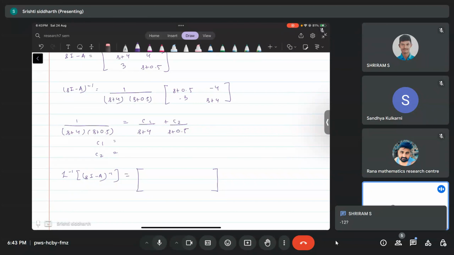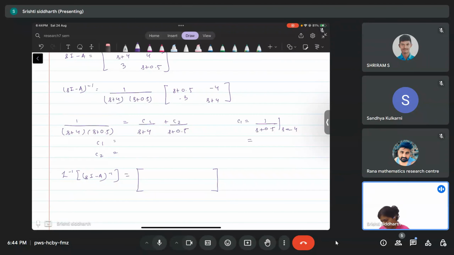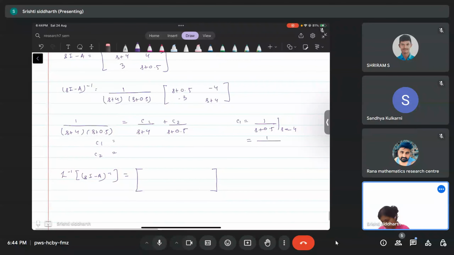-12. Okay, just 1 second. C1 is 1 over s plus 0.5 evaluated at -4. It's not -12, right?